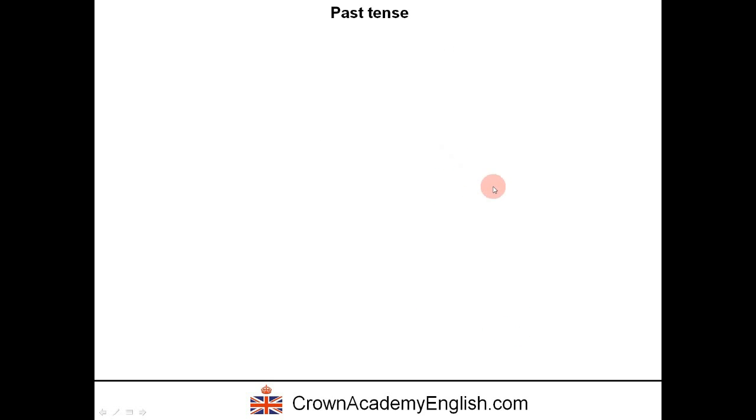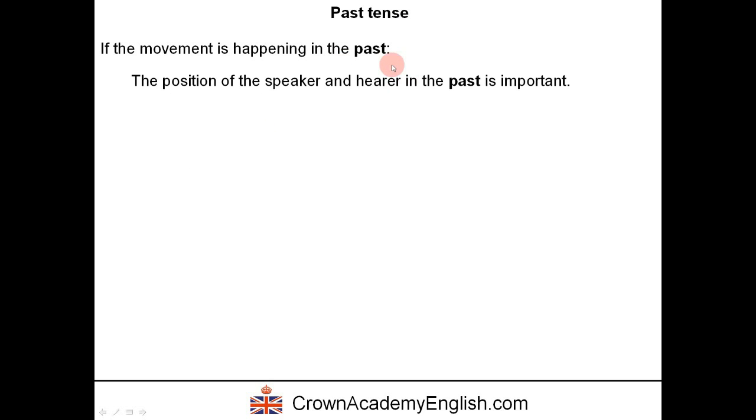So now let's look at the past tense. All of those examples, previous examples, were in the present tense. So what happens in the past tense? Well, if the movement is happening in the past, then it is the position of the speaker and hearer in the past that is important. Okay, so it is their position in the past that is important.